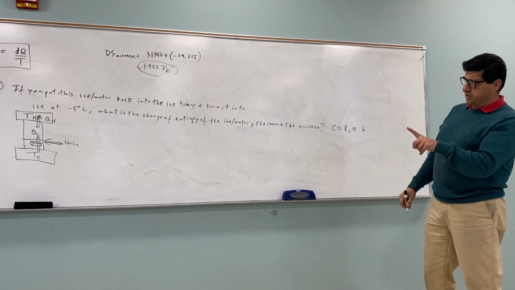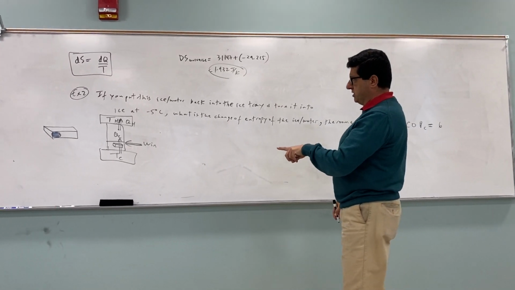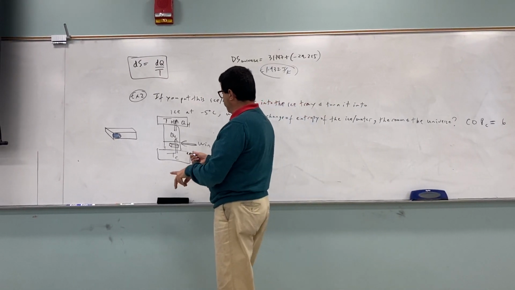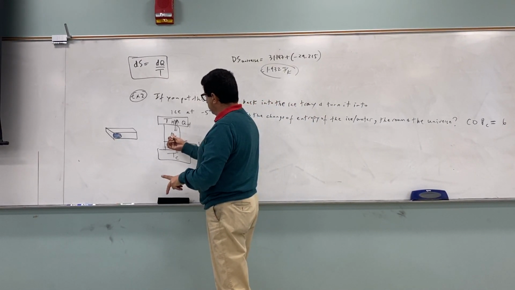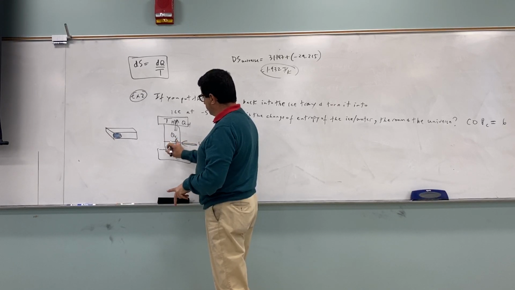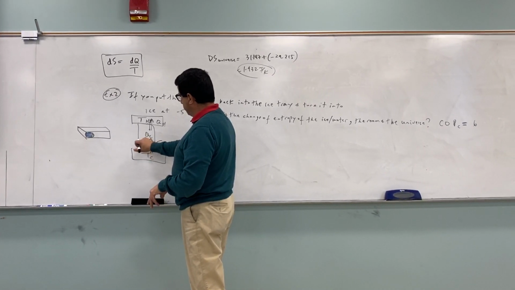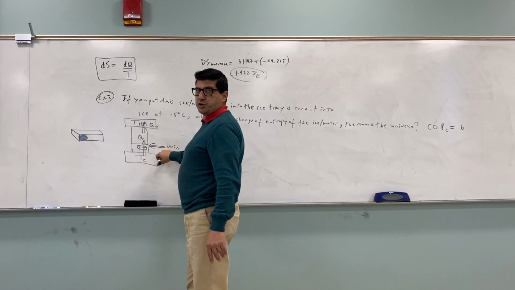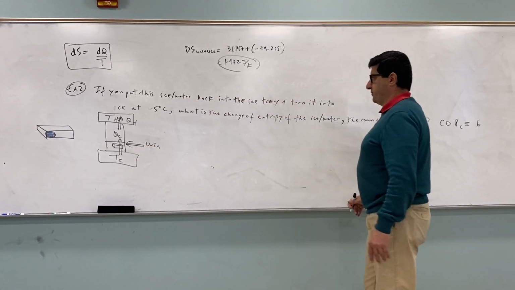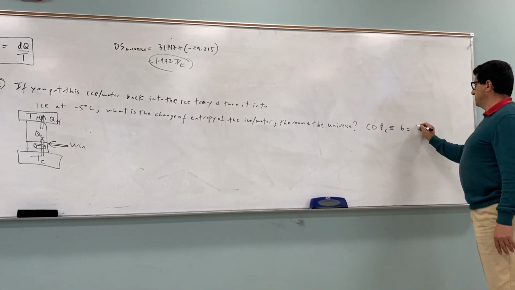So for refrigerators, what they do is they count how much heat you can extract from the cold, QC, divided by how much work you need to put in. That's how its coefficient of power is defined.